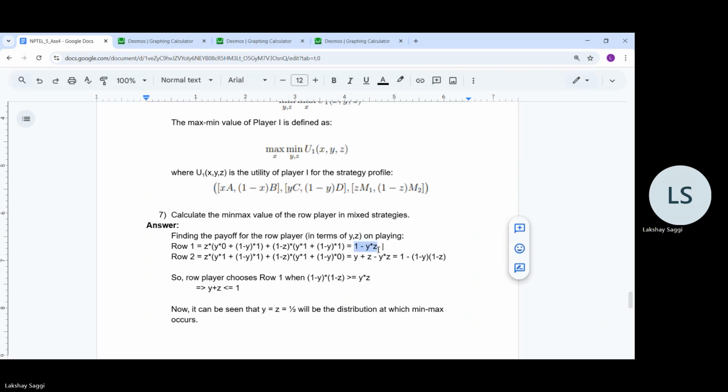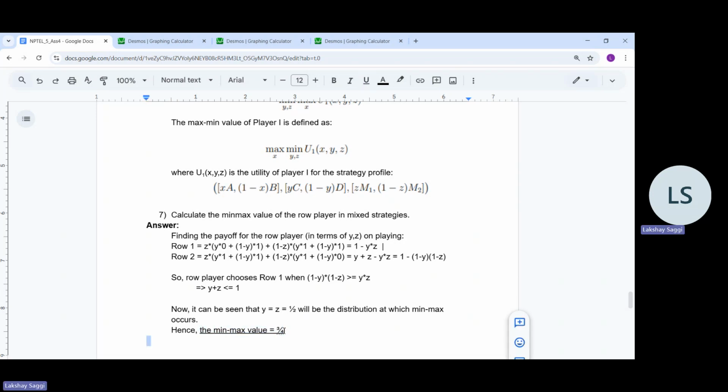When min max occurs at y equal to z equal to half, this value will actually be equal to 1 minus half times half, which is 3 by 4. It is equal to 3 by 4.